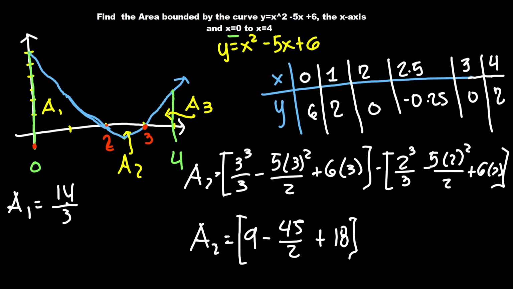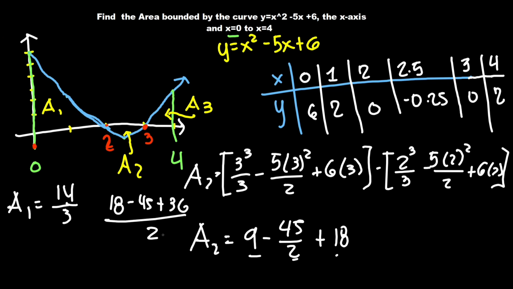Wait, let's just solve this first in order to simplify now. So, multiply 9 and 18 by 2, which is 18 minus 45 plus 18 times 2 would be 36. All divided by 2. Let me just calculate this. We would have a value of 9 over 2.